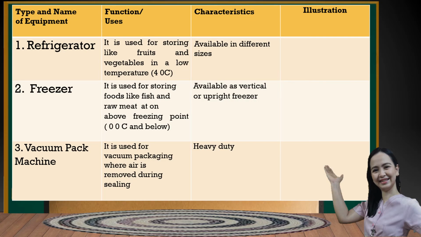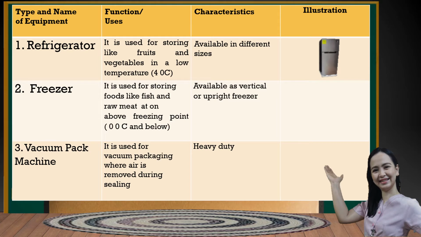Now, what you see here is a four-column chart which indicates the type and name of equipment, function or uses, characteristics, and illustration. Are you now ready to learn more? So let's continue.